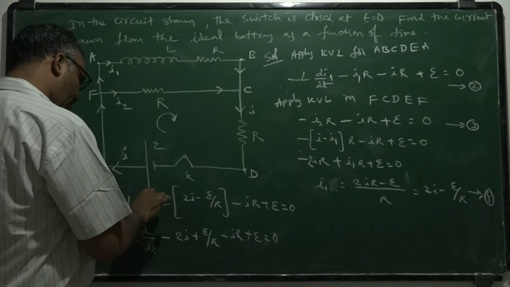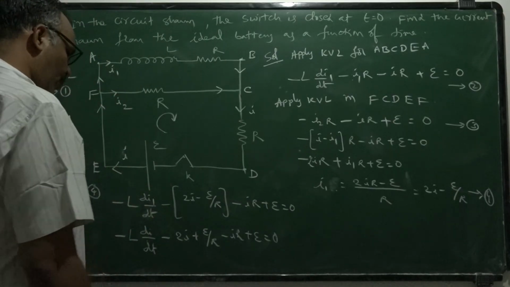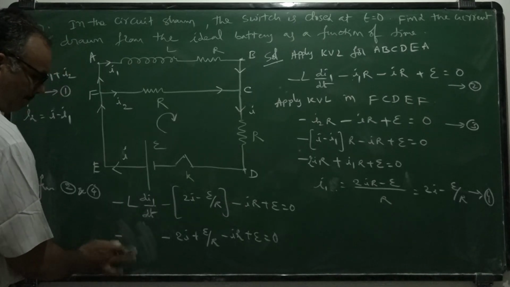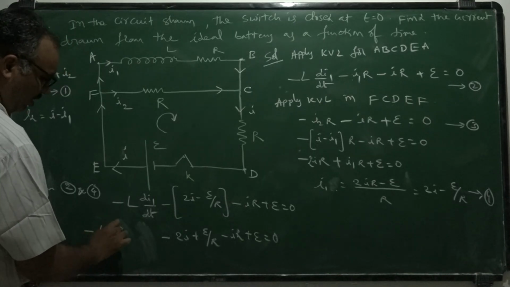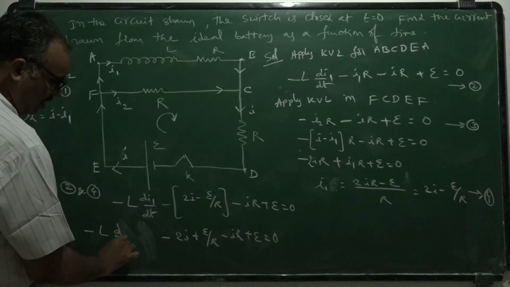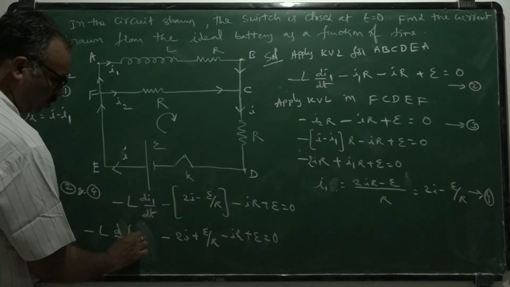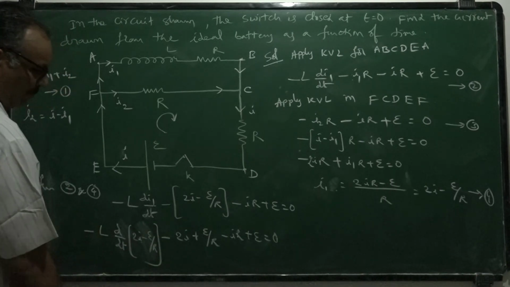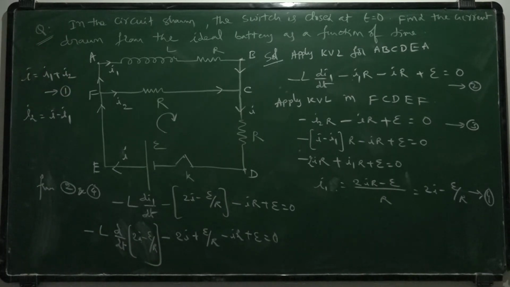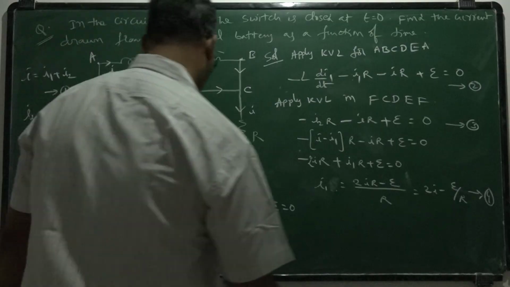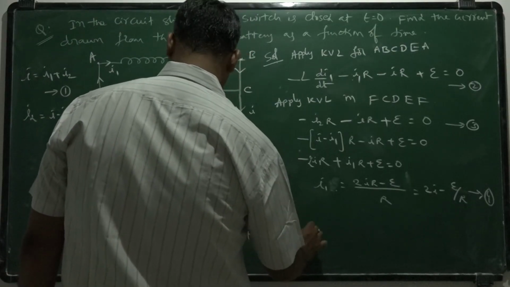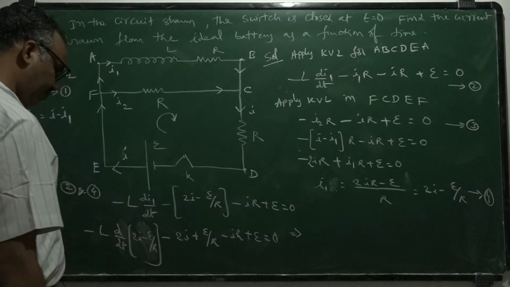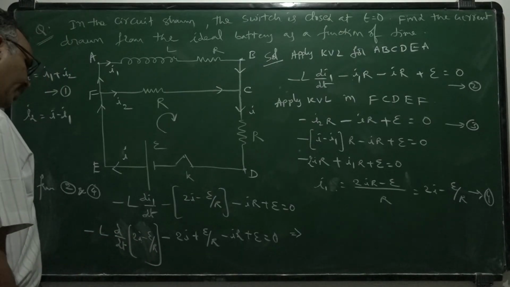So in the place of I1 also I should substitute minus L into d by dt of 2I minus E by R. So if you simplify, minus L into derivative of 2I is 2 into di by dt.